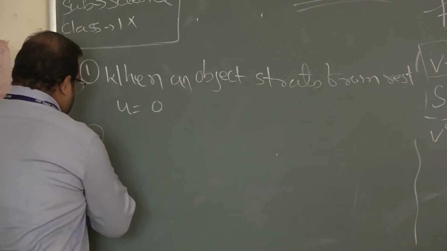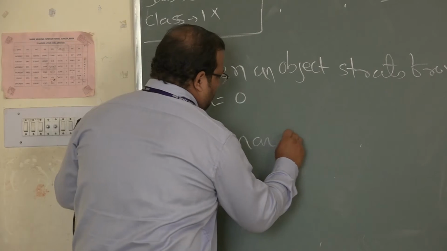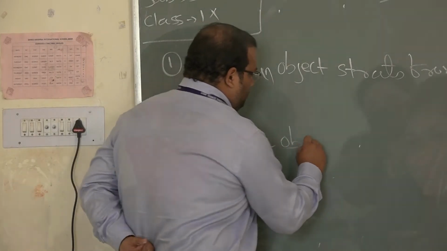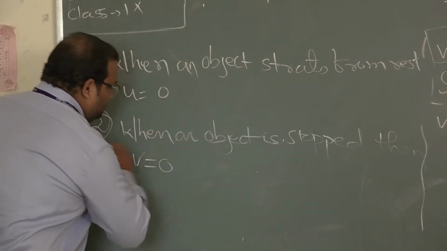Next point, when an object is stopped, then v = 0.